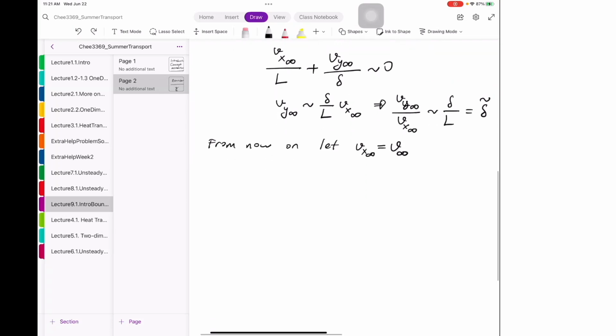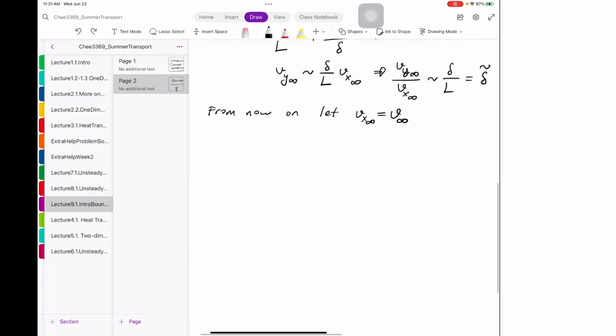Now, what about the momentum equation? What does it tell us? You can use the Navier-Stokes equation.